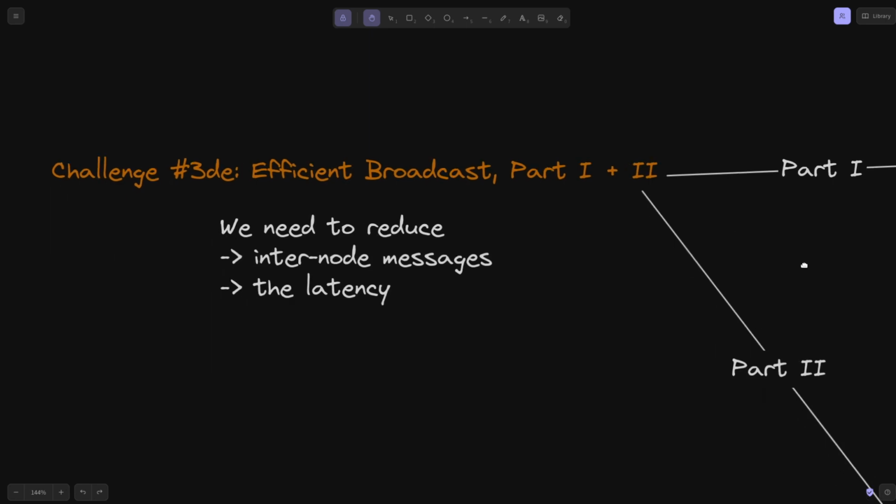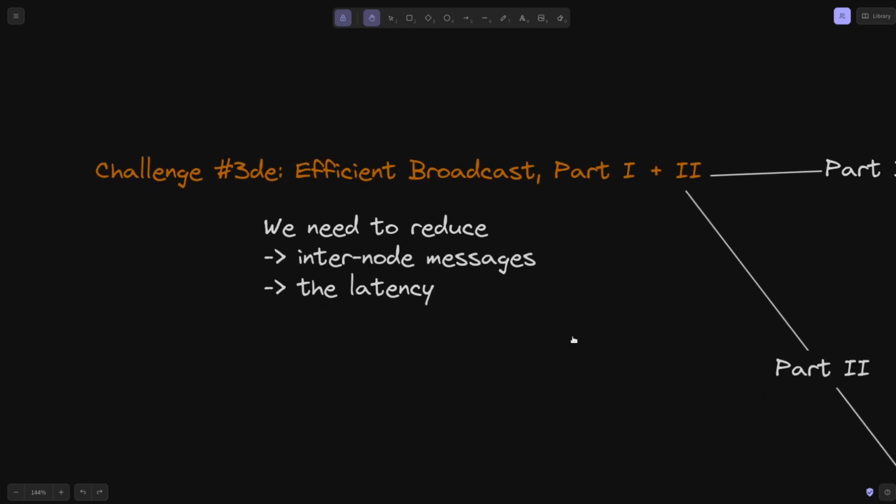So since we are handling our distributed system using eventual consistency, this latency is defined using the difference of time when a client asks us to broadcast a message and the time when it actually receives that message again.